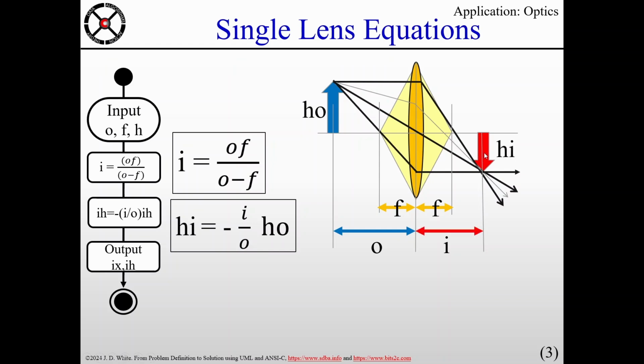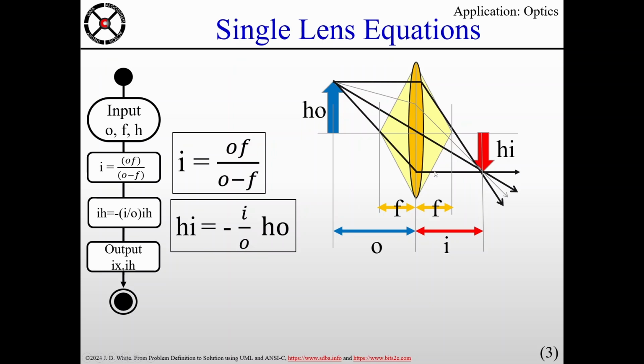It's where all these rays coming from the top are going to combine again. So this is the point we want to find, I, and in our equation here we said I equals OF over O minus F is the formula. HI is going to be equal to minus I over O times HO. This is what we started with. And then we were just outputting IX and IH.